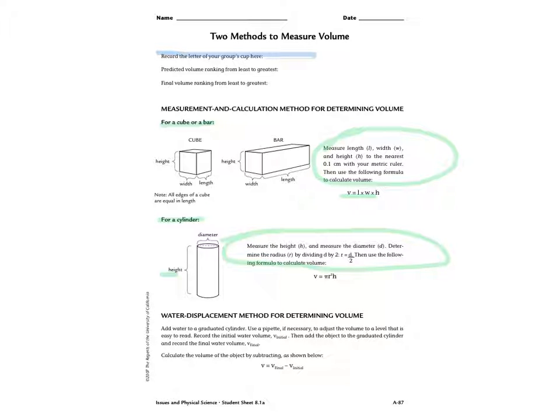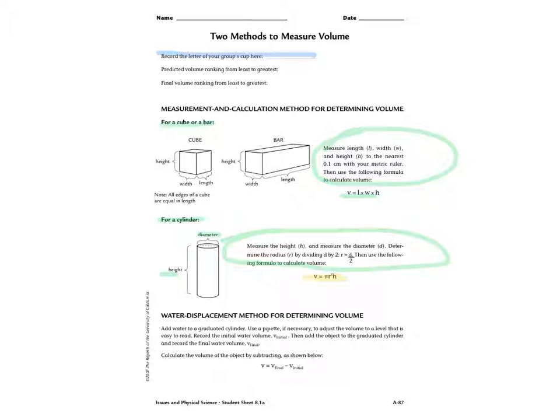Okay, that would be the diameter, so you could see it up there at the top. And then you use the diameter to determine the radius, because the radius is actually what's going to be in your formula. If you look down here at the formula, you don't see diameter, but you do see radius, and the radius is just half of the diameter. So in order to find the radius, you just take the diameter and divide it by 2.